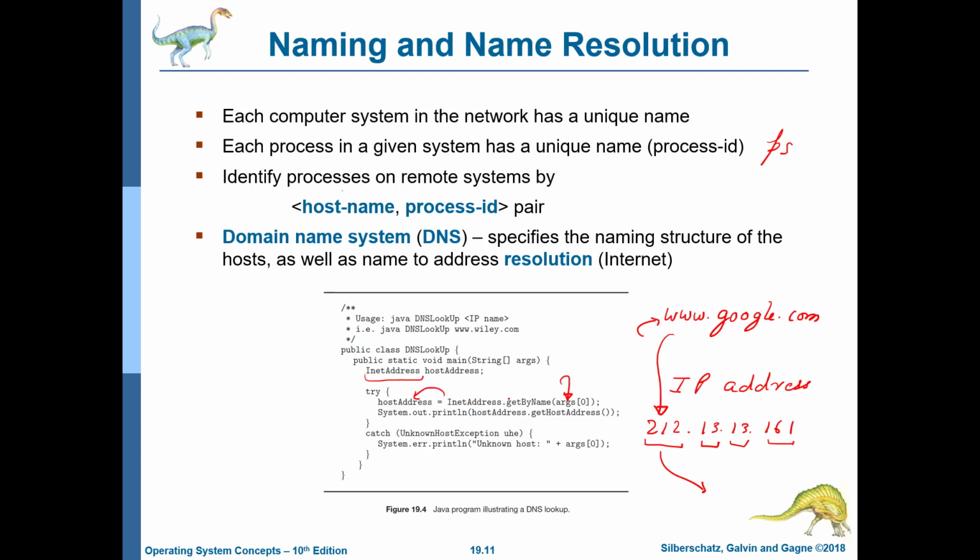The InetAddress internally contacts what is called a DNS server. A DNS server maintains this mapping. If it does not have the mapping, then it can contact other DNS servers and so on. It can be a hierarchical process. Finally, it can fetch this mapping and then provide it to the process. This is done whenever we type something on our browser; this mapping is done.